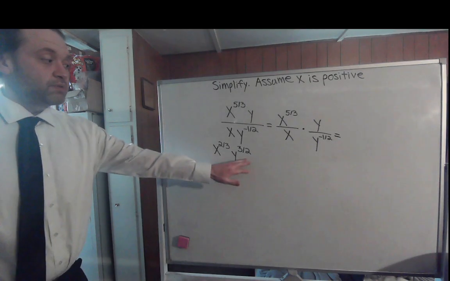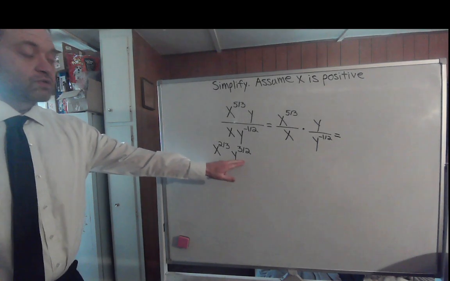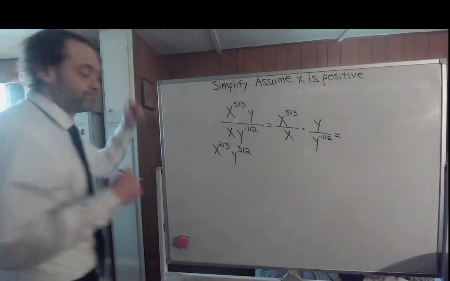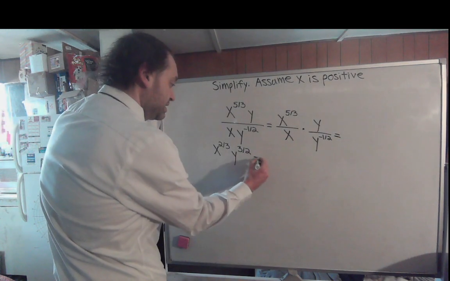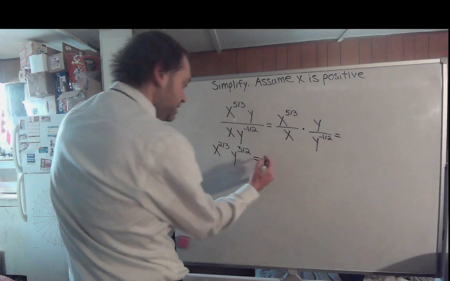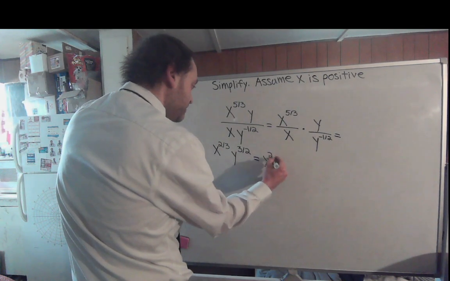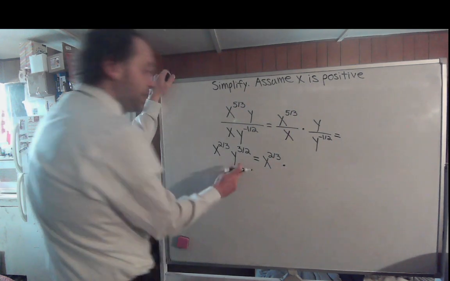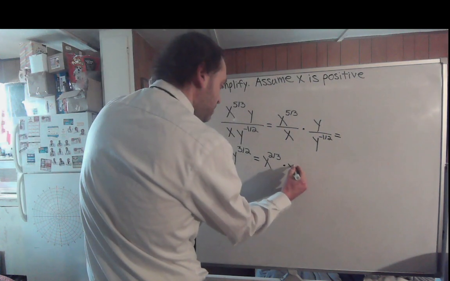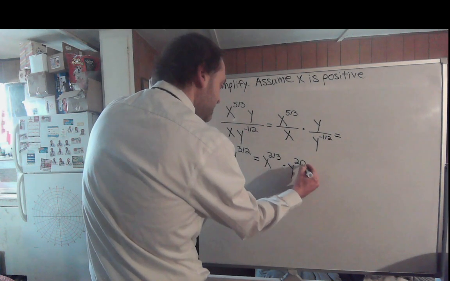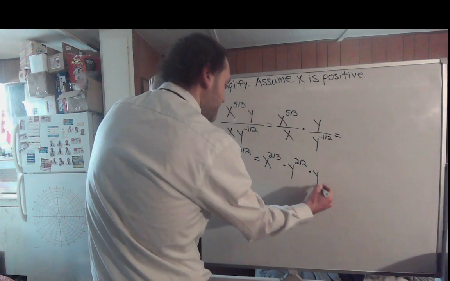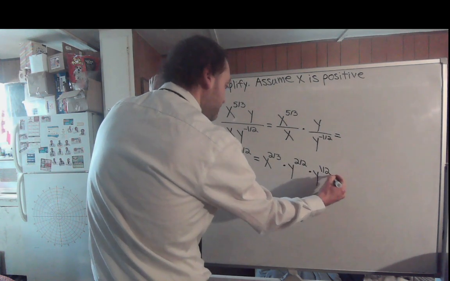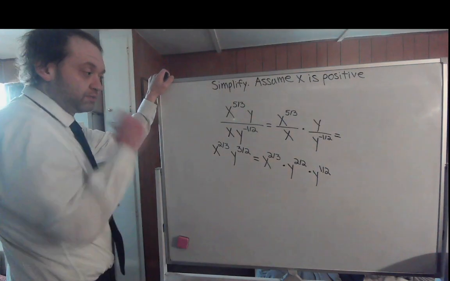Well, we can definitely factor the y further, because 3/2, so here's x to the 2/3, but the y to the 3/2, isn't that the same as y to the 2/2 times y to the 1/2? It sure is.